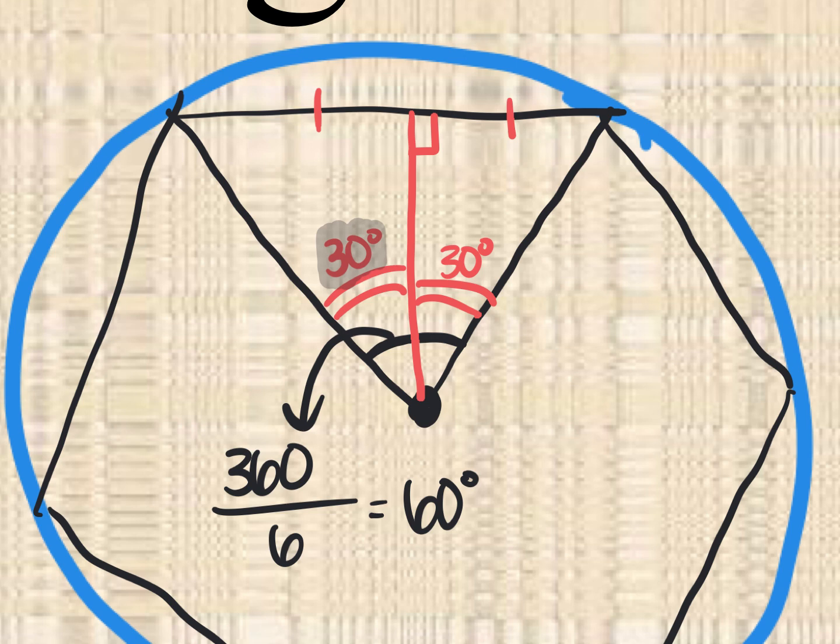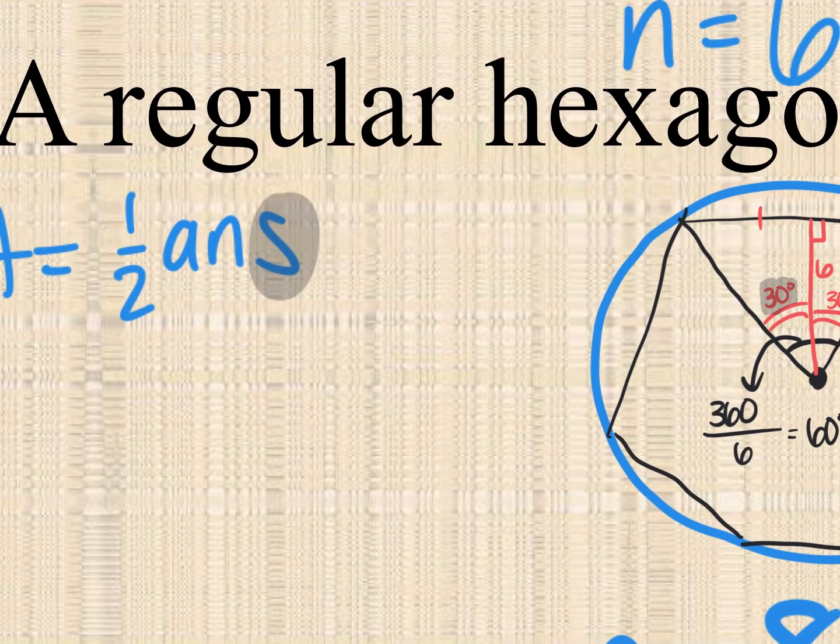Now, look back at the original question. Did it tell me the length of any of these segments? The apothem. Which line segment is the apothem? The one going up, the one in red. Do you guys agree? How much was the apothem in this example? 6. Put a 6 there. Now, let's backtrack. What were we trying to find here?